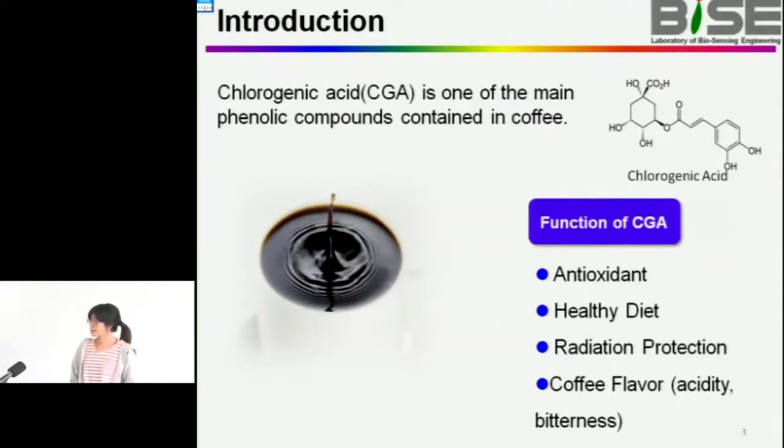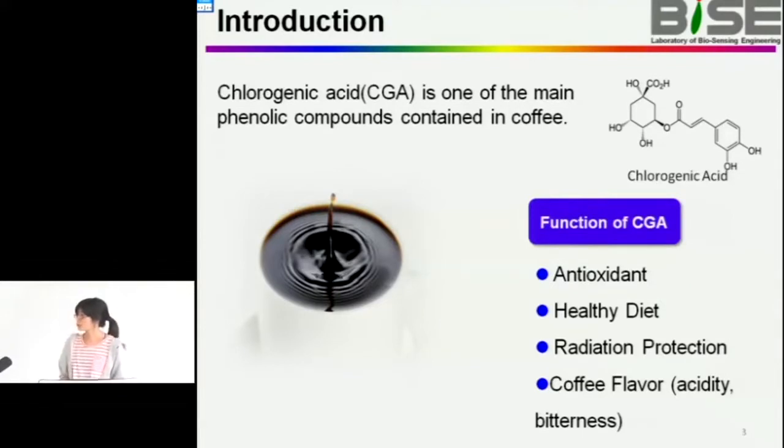As we all know, coffee is one of the most popular beverages all over the world. Chlorogenic acid is one of the main phenolic compounds contained in coffee. This is the molecular structure of chlorogenic acid. And chlorogenic acid has antioxidant properties.